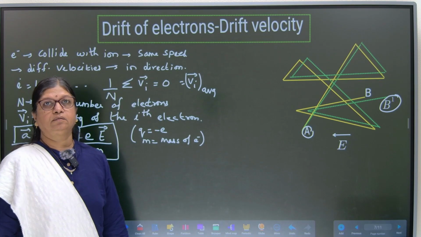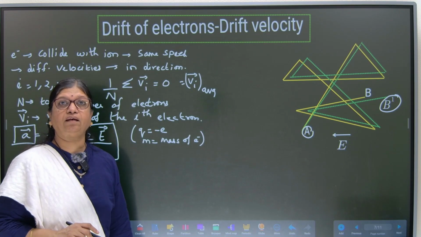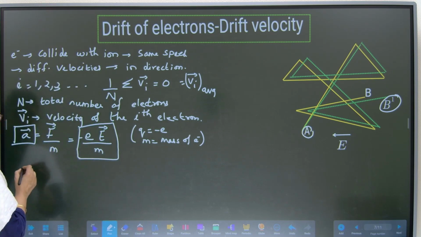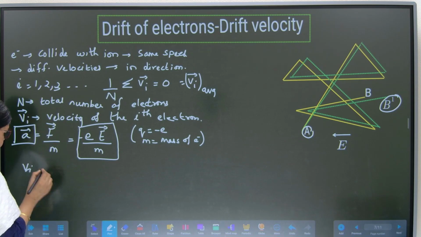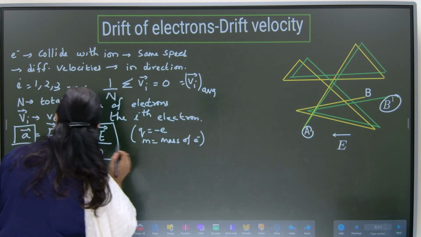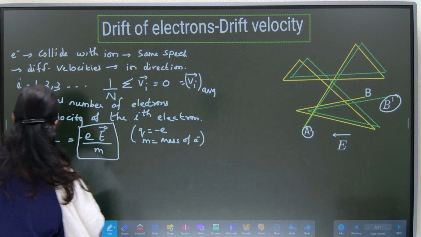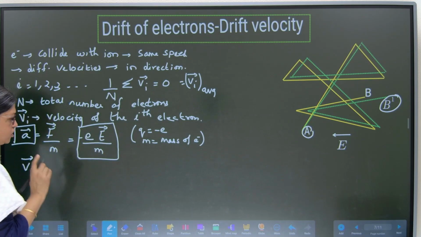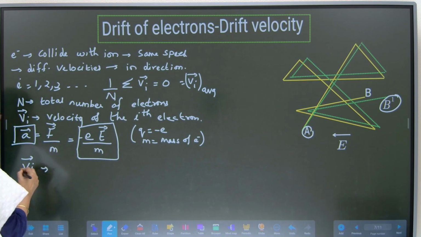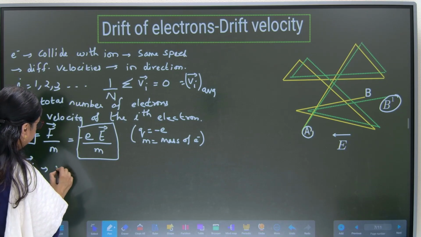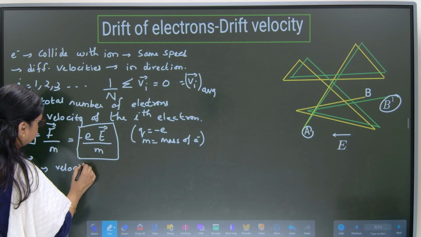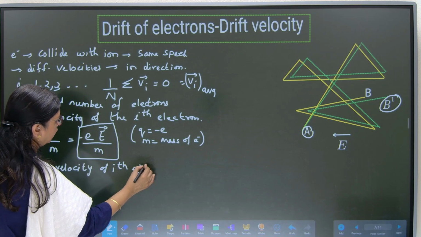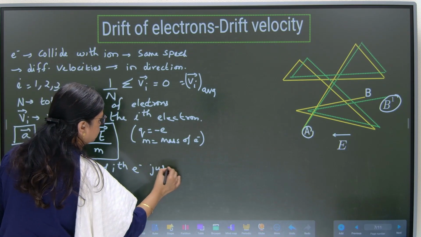Fine. Now let us consider again the ith electron whose velocity is small vi just after collision. So small vi is the velocity of the ith electron just after collision.